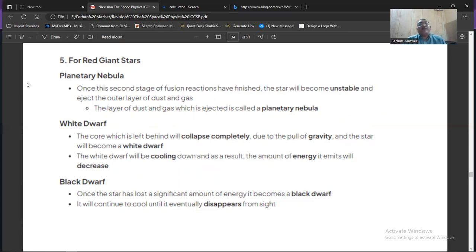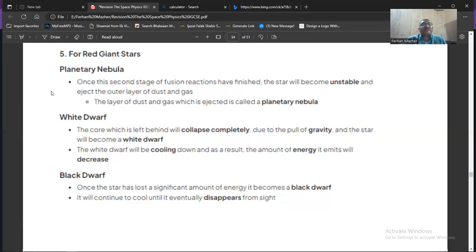The white dwarf will be cooling down. As a result, the amount of energy it emits will decrease. Black dwarf: once the star has lost a significant amount of energy, it becomes a black dwarf. It will continue to cool until it eventually disappears from sight.